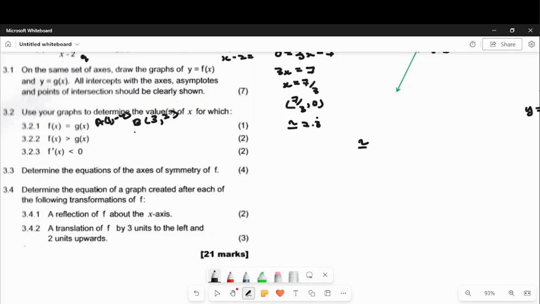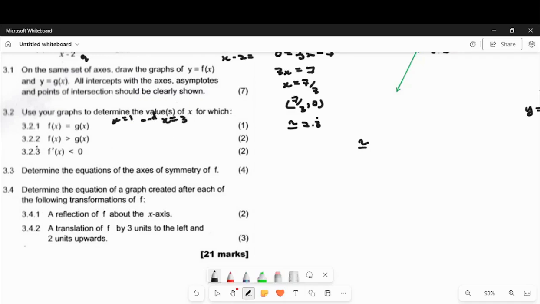Rather, they just want the x values, so our x is 1 and 3. My mistake, not the coordinates, just the x values. So we have x equals 1 and x equals 3.